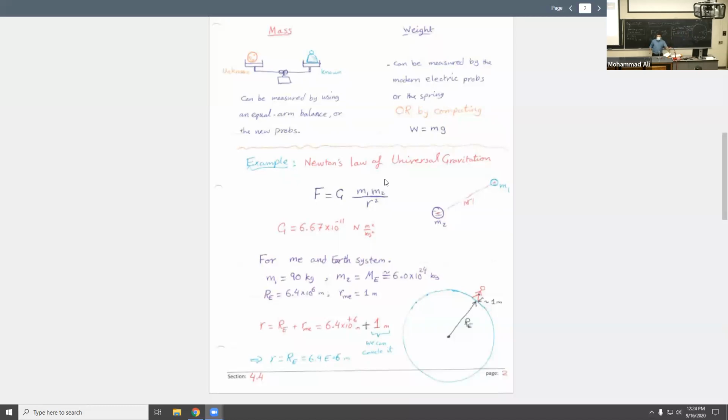Okay, what if I need to compute it in this way? F is equal to weight, which is equal to M multiplied by G. This will be equal to 90 kilograms multiplied by G, which is, by the way, 9.8 as an approximated value for G.